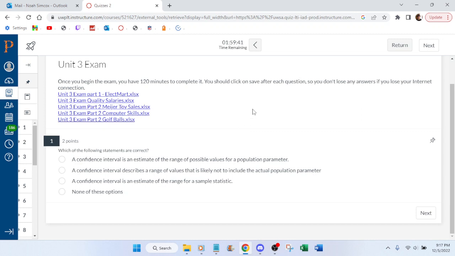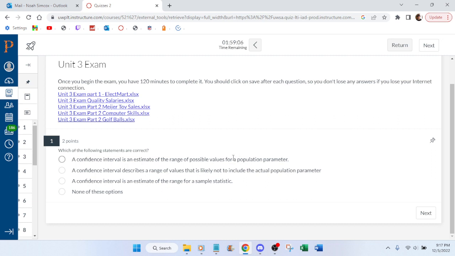A confidence interval is an estimate of the range of possible values. You know what? I'm just going to look up the definition. That's the nice thing about the study guide, that's the advantage of it. Confidence interval: an interval that, with a stated level of confidence, captures a population parameter.